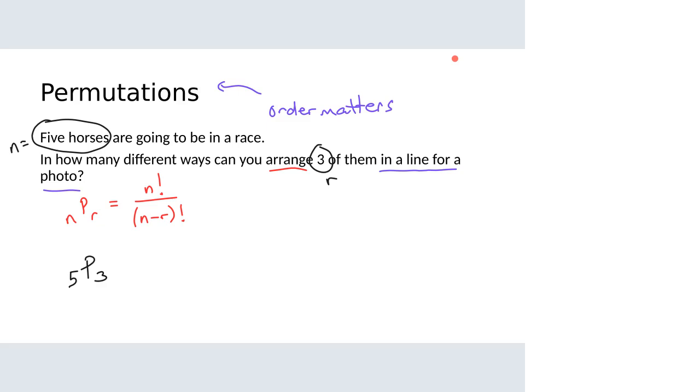So let's plug in. n is 5, so I'll have 5 factorial on top. And on the bottom, I have (n minus r) factorial. Now we just need to simplify this. Parentheses go first, so I'm going to subtract on the bottom, and I have 5 factorial over 2 factorial.